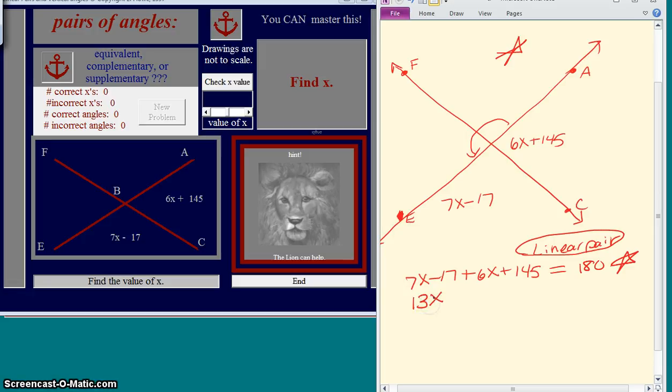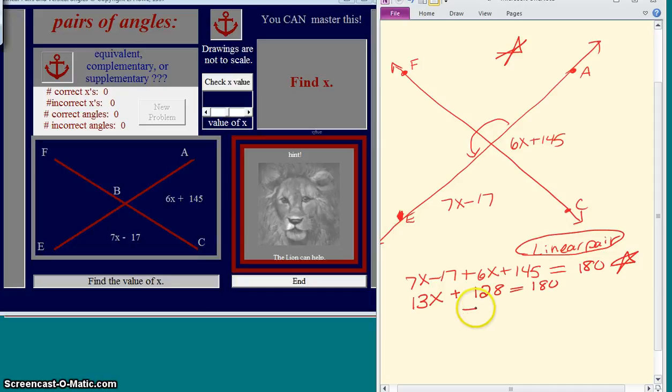Combining like terms, 13x plus 128 equals 180. Is 145 minus 17 128? Please verify that on a calculator. 145 minus 17.